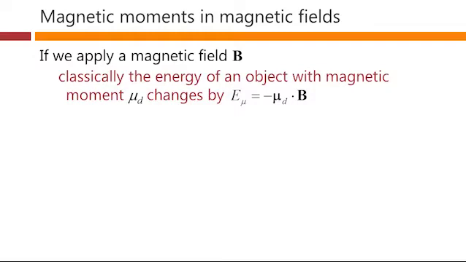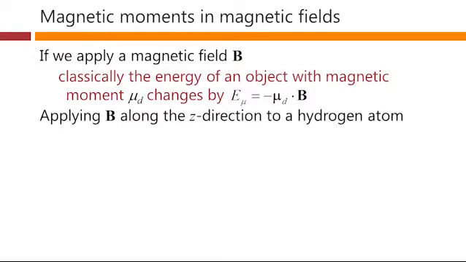It's obviously proportional to the magnetic field, and it will have a dot product sense to it because this energy will be largest when the magnetic dipole moment and the magnetic field are lined up, largest in magnitude that is. And what direction the energy is in depends how the north and south poles, as it were, of this little dipole magnet are oriented with respect to the field. With conventional definitions, we end up with a minus sign in here.